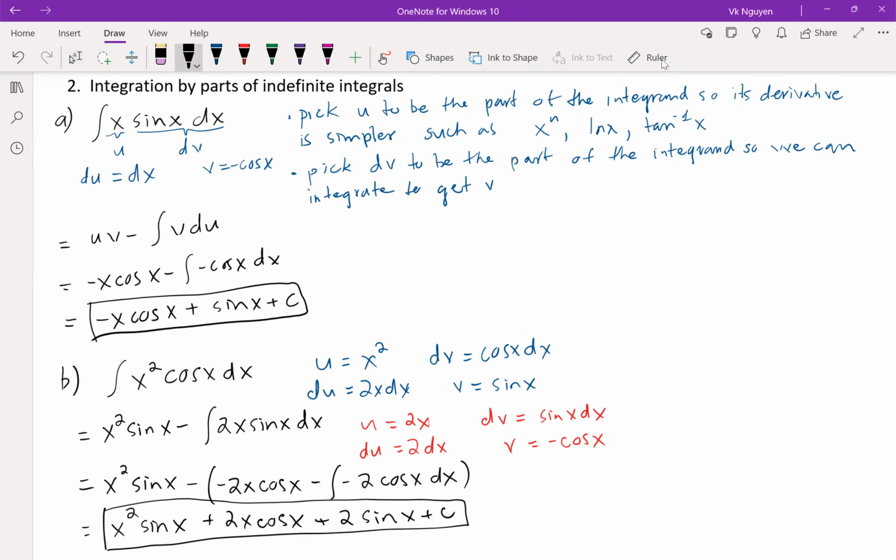Let's take a look at another example. C, the integral of ln(x) dx. ln(x) is u and dx is dv. So here du is 1 over x dx, v is x.